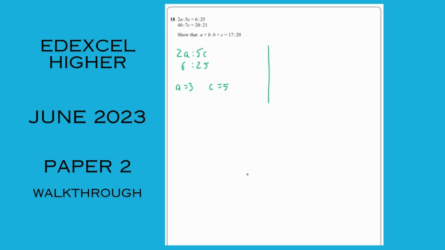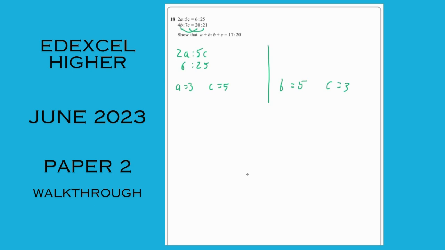Let's take the bottom line. I'll not write it out because you get the gist of it, but 4b to 20 tells us that b is 5. 7c to 21 means that c is 3.